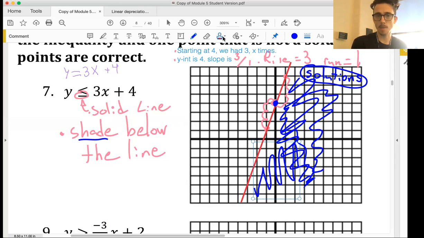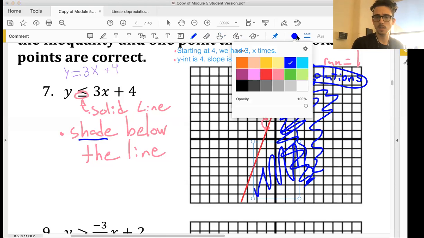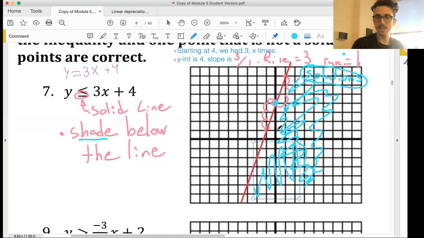Now we're going to be looking at a point that is a solution and also a point that's not a solution. So I'm going to pick a point in lighter blue that is a solution. So I know the point (0, 0) is in the blue. So I'm going to say that (0, 0) is a solution. And we can show this algebraically.